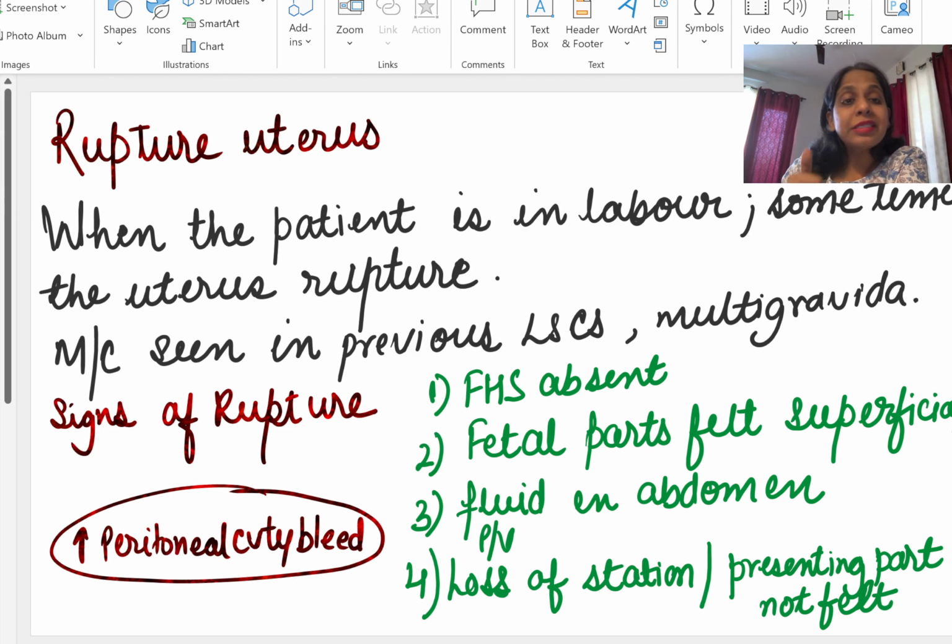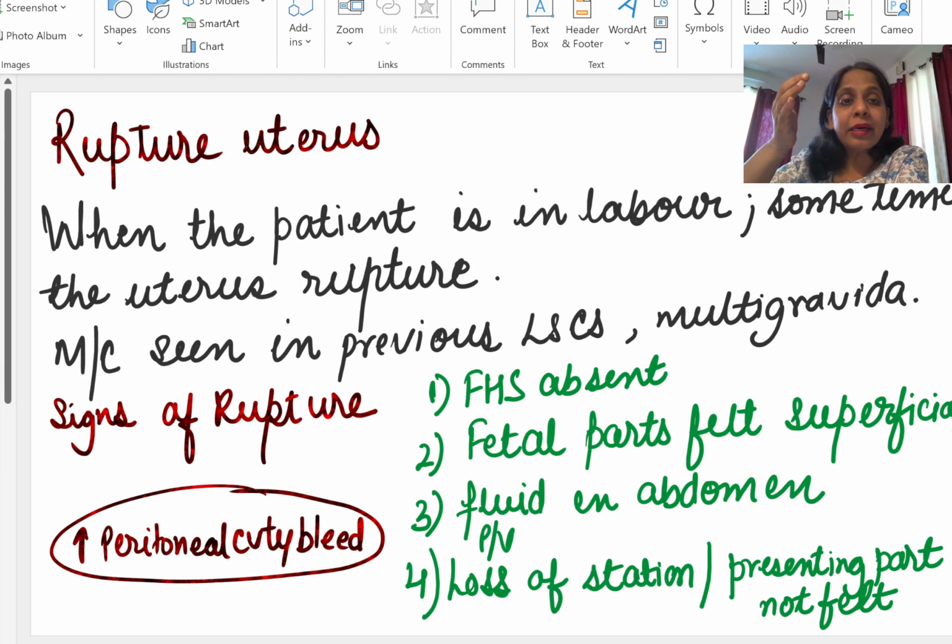Okay, now the second thing which we have to remember is that fetal parts are felt superficially. Because the fetus is lying in the peritoneal cavity and all the fluids have come into the peritoneum. So when we palpate the fetus, now there is no myometrium layer.